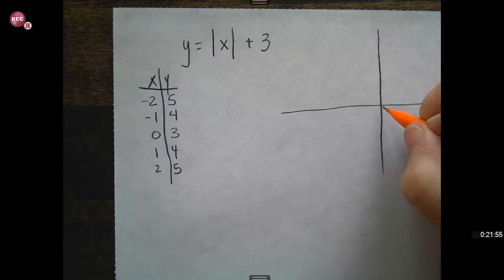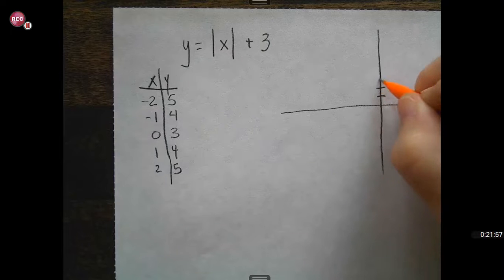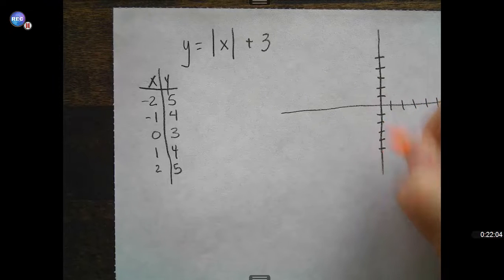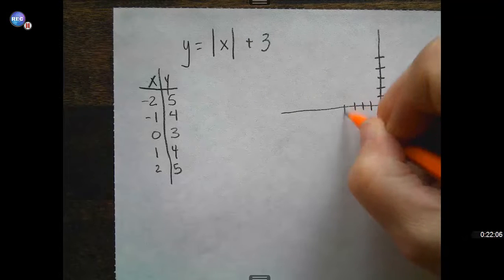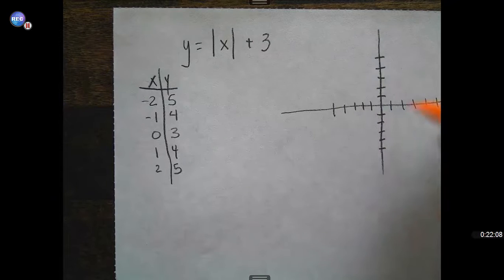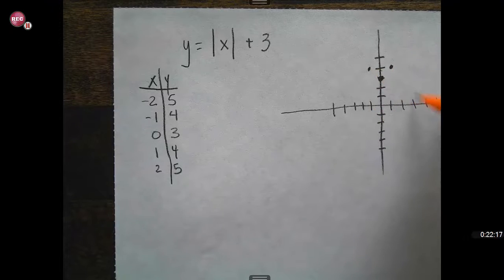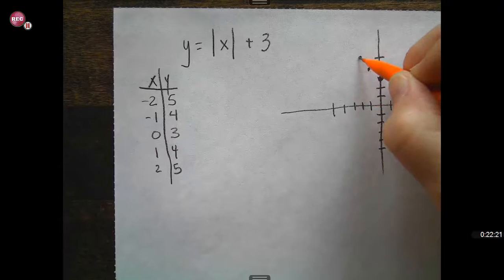So let's plot 0, 3, and then 1, 4, -1, 4, 2, 5, -2, 5.